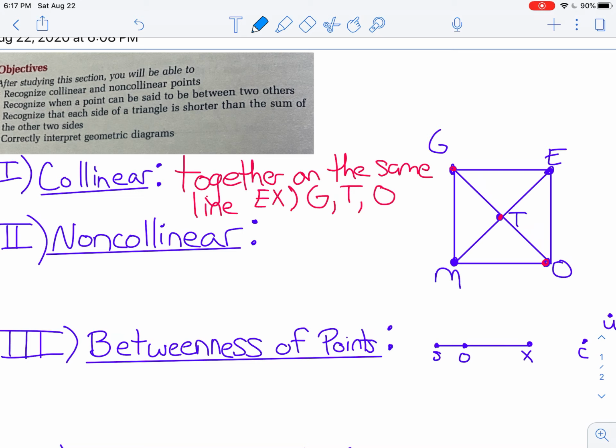Next is non-collinear. So those are points that, you guessed it, do not lie on the same line.